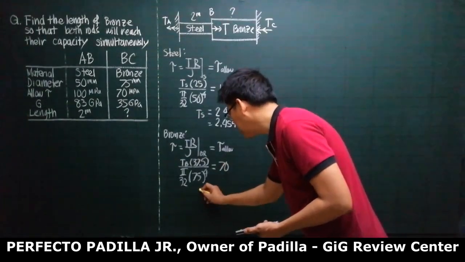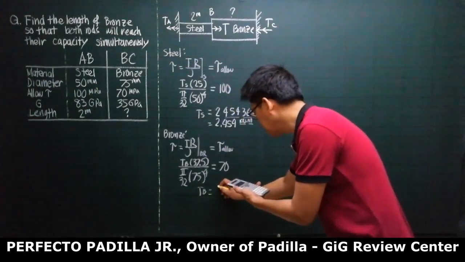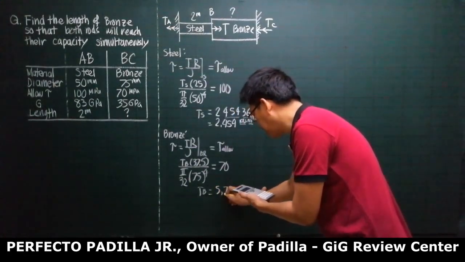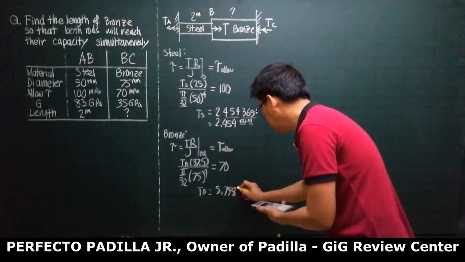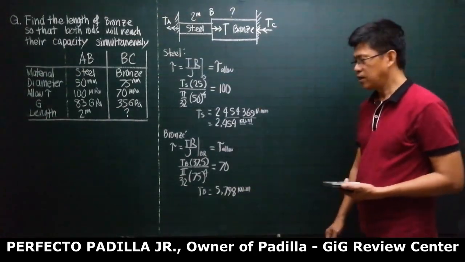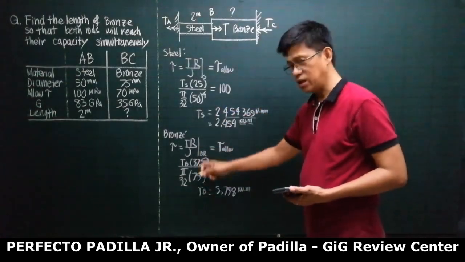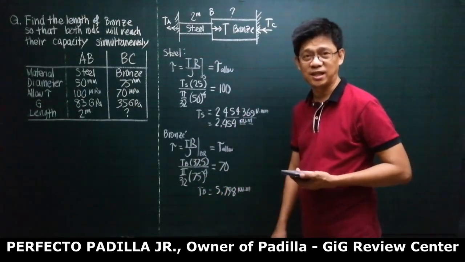So, solving the torque in bronze, this is going to be 5.798 kilonewton meter. So, this will be the torque in steel and bronze at exactly their capacity.